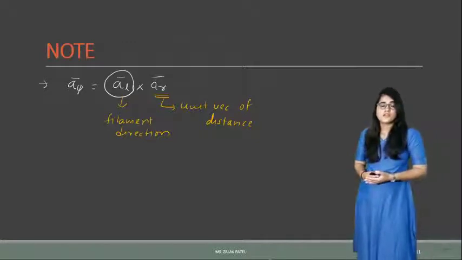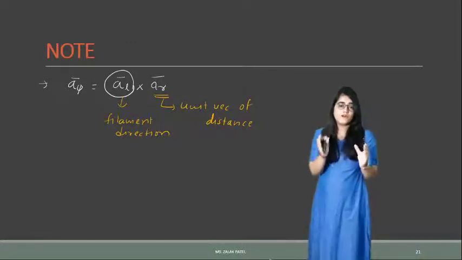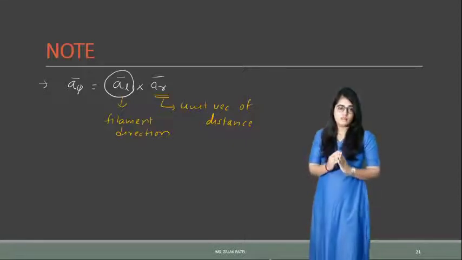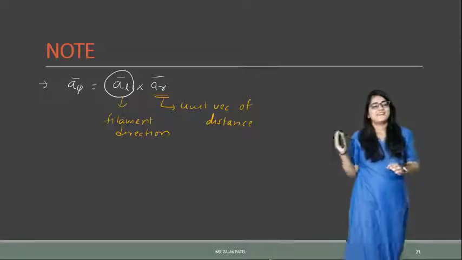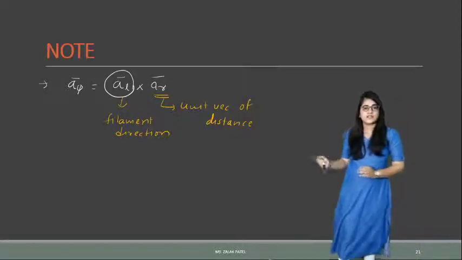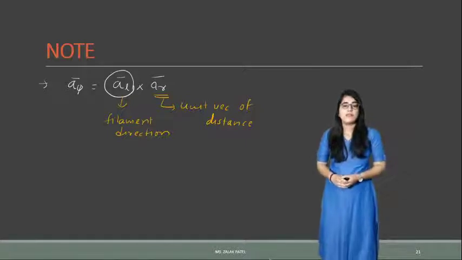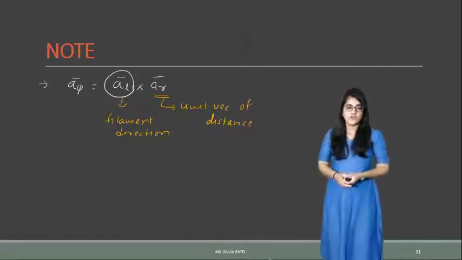Now the question is, what is the unit vector of distance? The unit vector of the distance can be found by the vector of the distance divided by the magnitude of the distance.